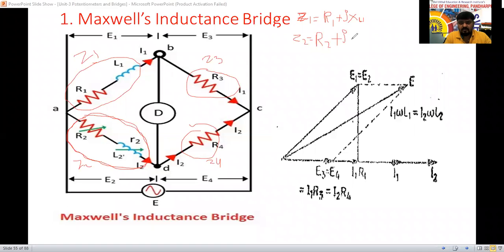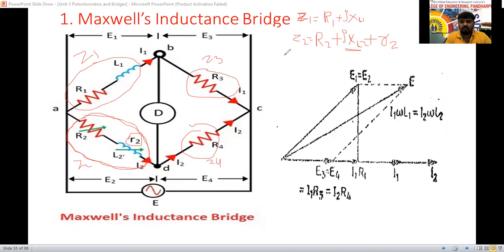Very good. Is it over? It has some resistance, no? The resistance is a real term or a complex form? Plus R2 we have to write here. This R2 and this L2 are connected in series, so for the reactance we use the imaginary term. For the resistances, that is the real term only.